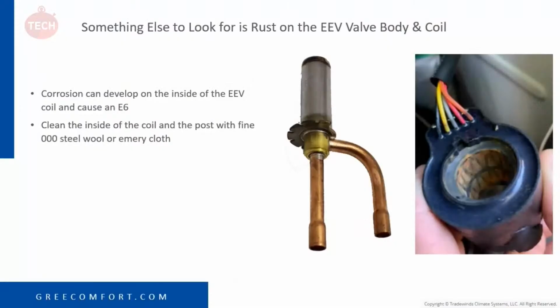Salt water causes corrosion. Greed did change the type of metal they were using a couple of years back, and I'm not seeing as much rust or corrosion on these, which is a good thing. But mostly on the older units, we'd be looking for rust or corrosion that can cause them to short, or even cause them to not modulate properly. So that's definitely something to check on your inspections.